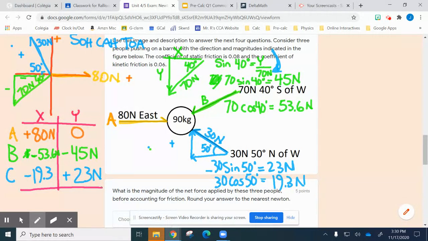It's the end of the day. 80 minus 53.6 minus 19.3 equals 7.1 in the x direction. And we have negative 45 and positive 23, so that's going to give us negative 22 in the y direction.